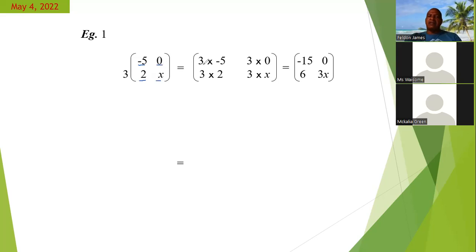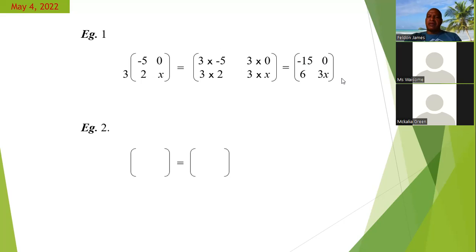So we'll have 3 times -5, 3 times 2, 3 times 0, 3 times x. So this is what we'll get. So simplifying this, 3 times -5 gives you -15, 3 times 0 gives you 0, 3 times 2 gives you 6, and 3 times x gives you 3x.